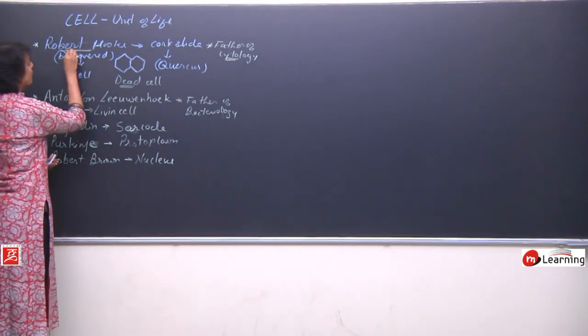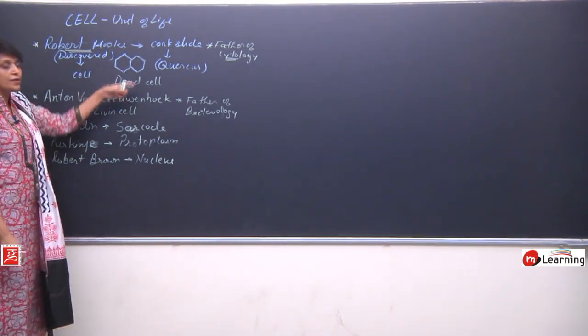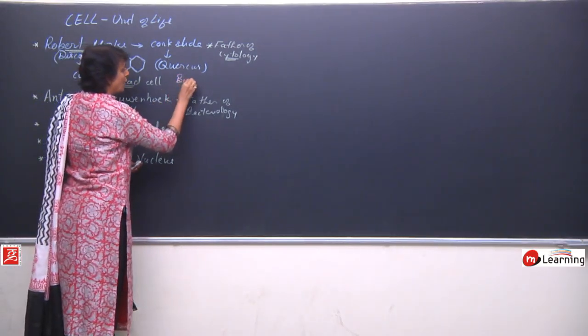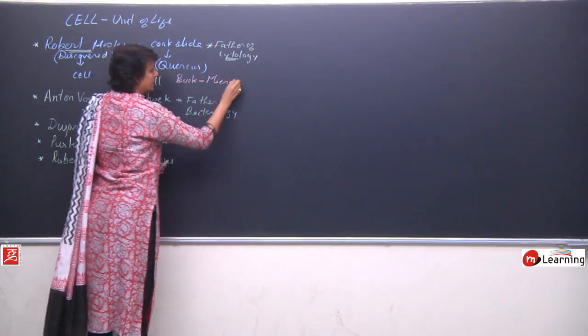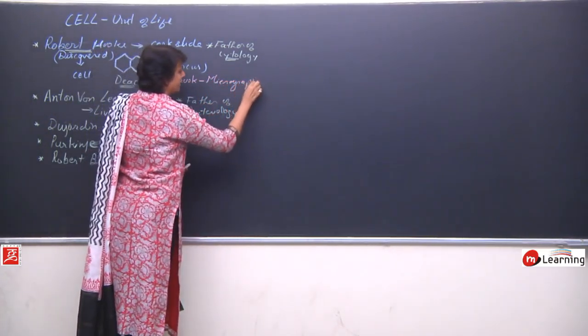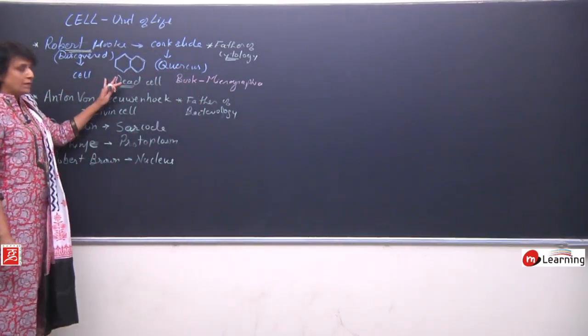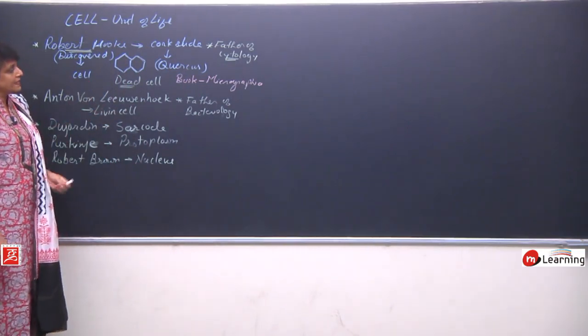Robert Hooke published the entire information about his discovery and observation and everything in his book called Micrographia. So these are some basic historical things which we need to know before we get started with the cells.